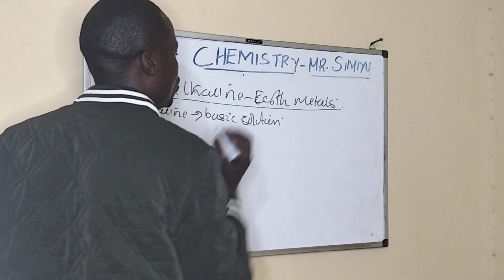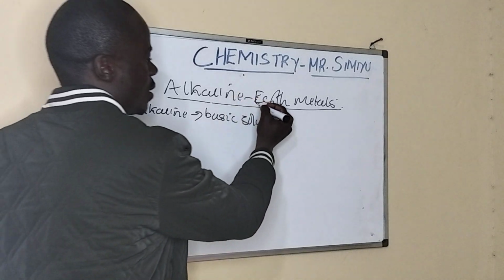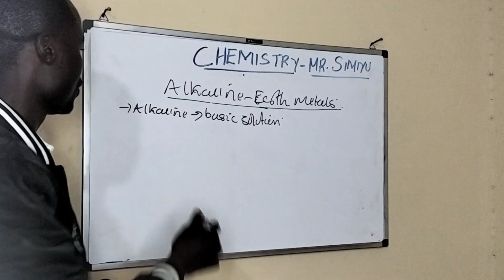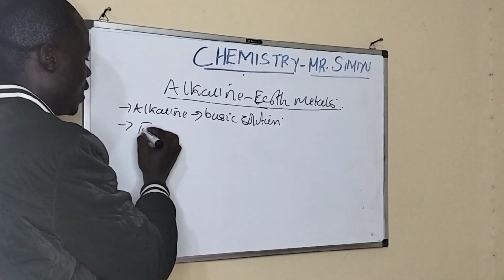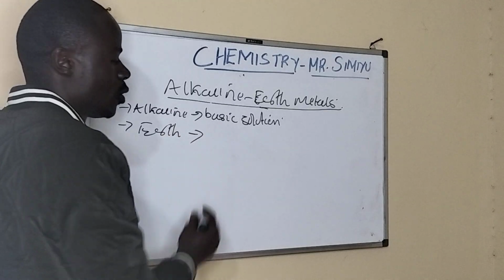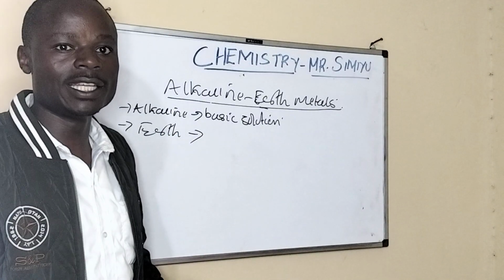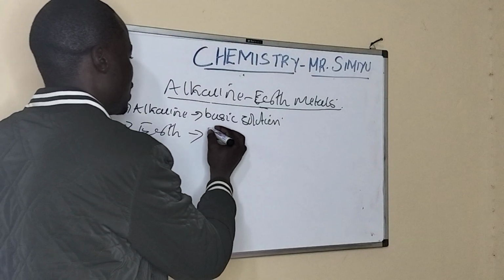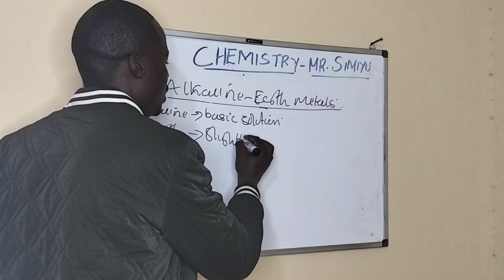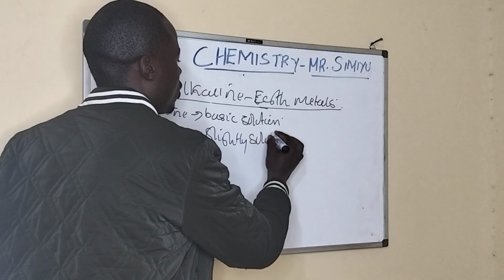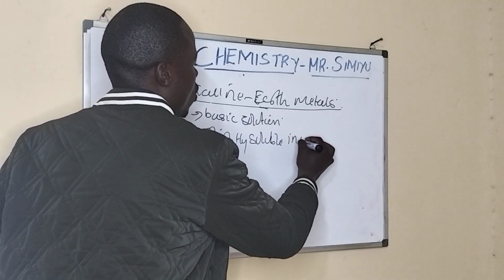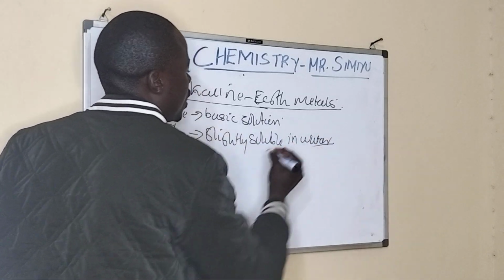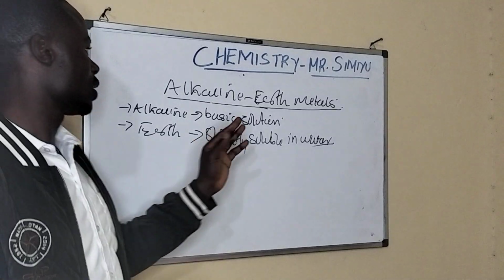Number 2, why earth? What is the word earth? We have said that earth, because that oxide is slightly soluble in water.